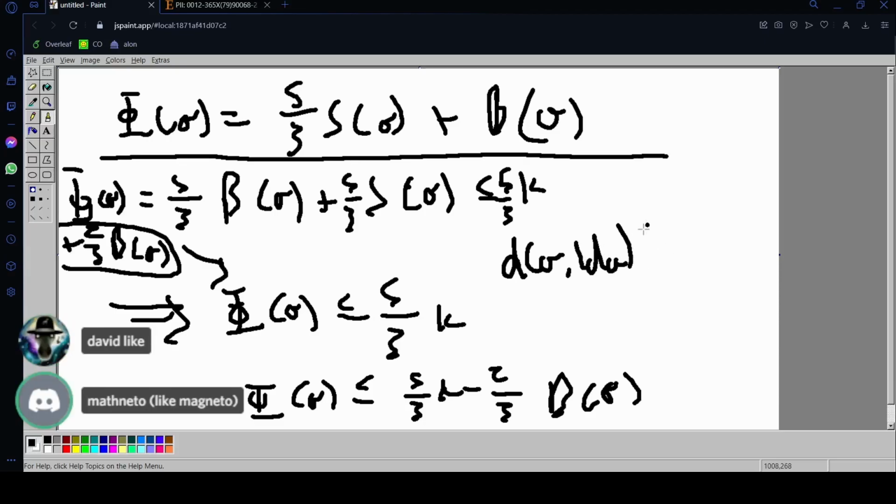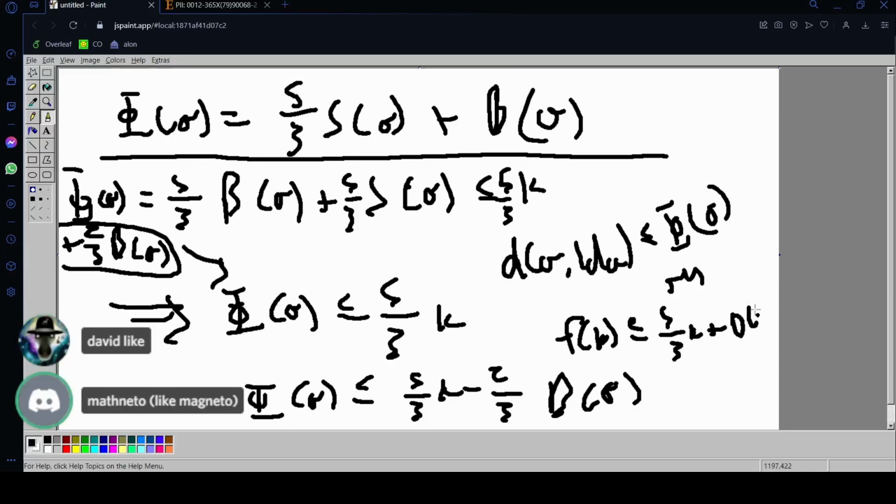I don't think I will, but this weird potential plus 4, and so we've got the thing we wanted to show, and since this holds true for all sigma, we know that f of k is at most 5/3 k plus 4, which is big O of 1, because it's just some constant. Yay! We're happy.